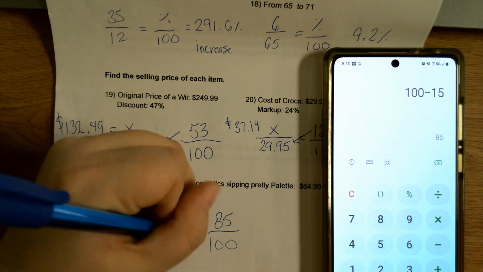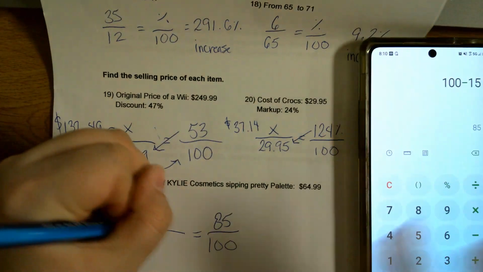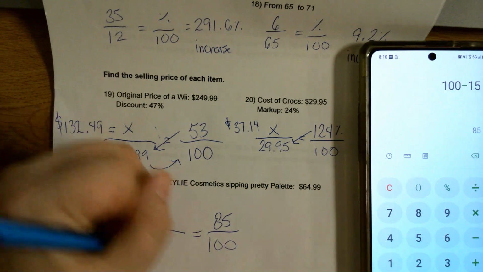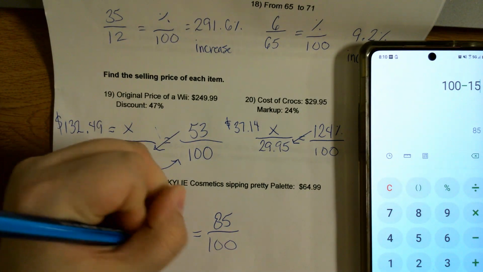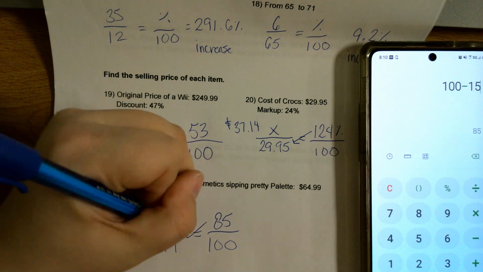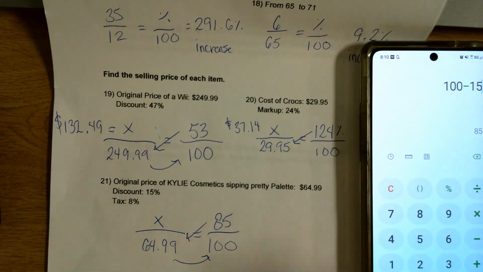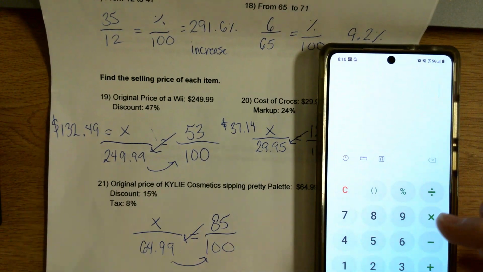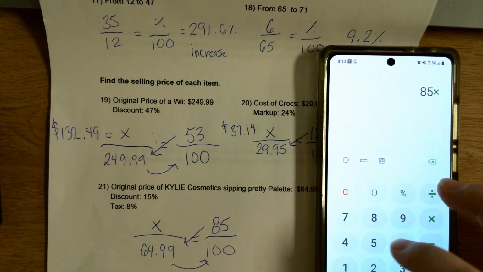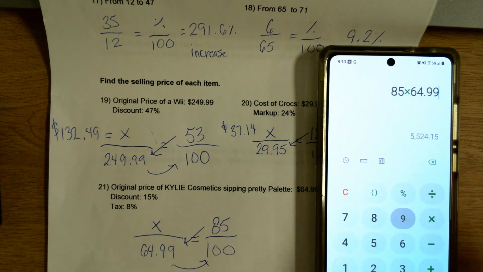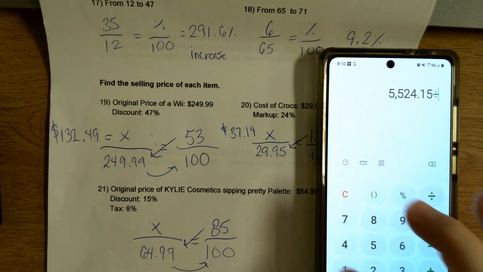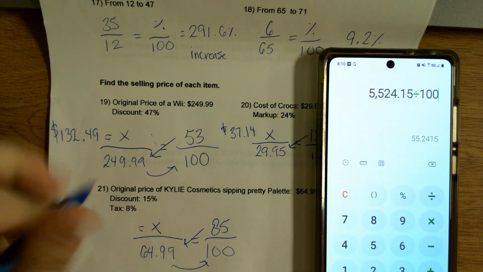Set it equal to the discounted price, and then the original, $64.99. So cross multiply, then divide. 85 times $64.99. Divide by 100. And that's my discounted price.